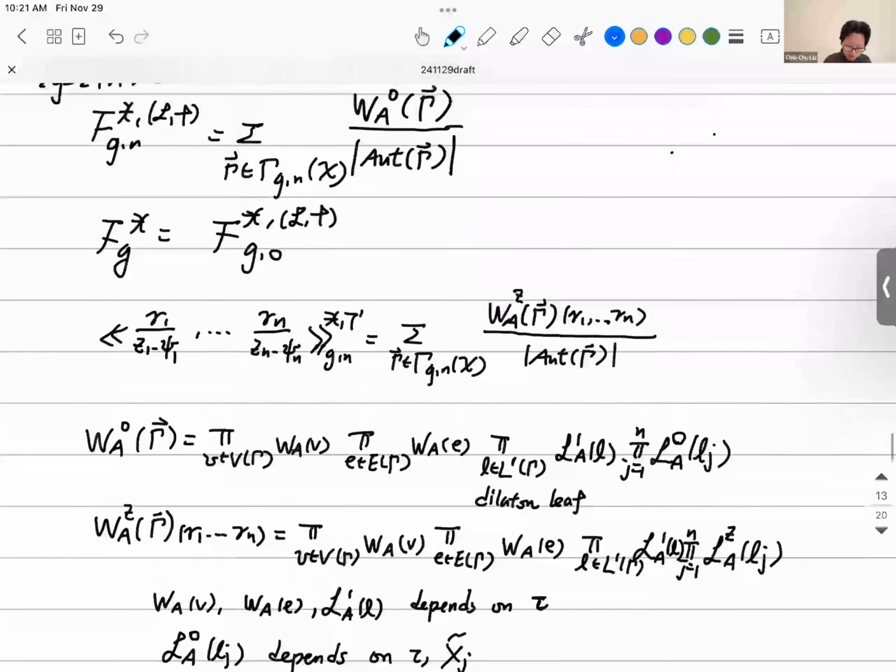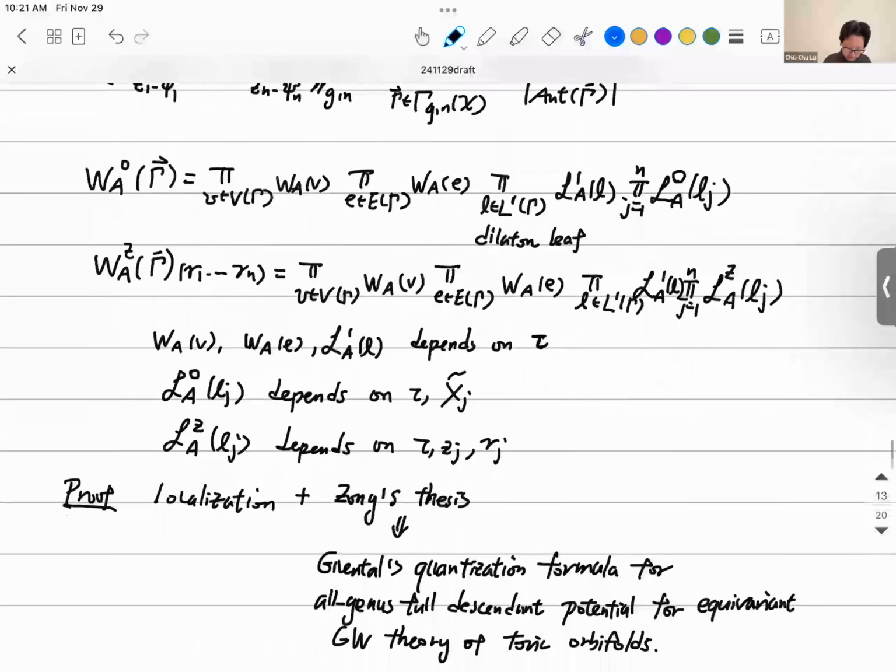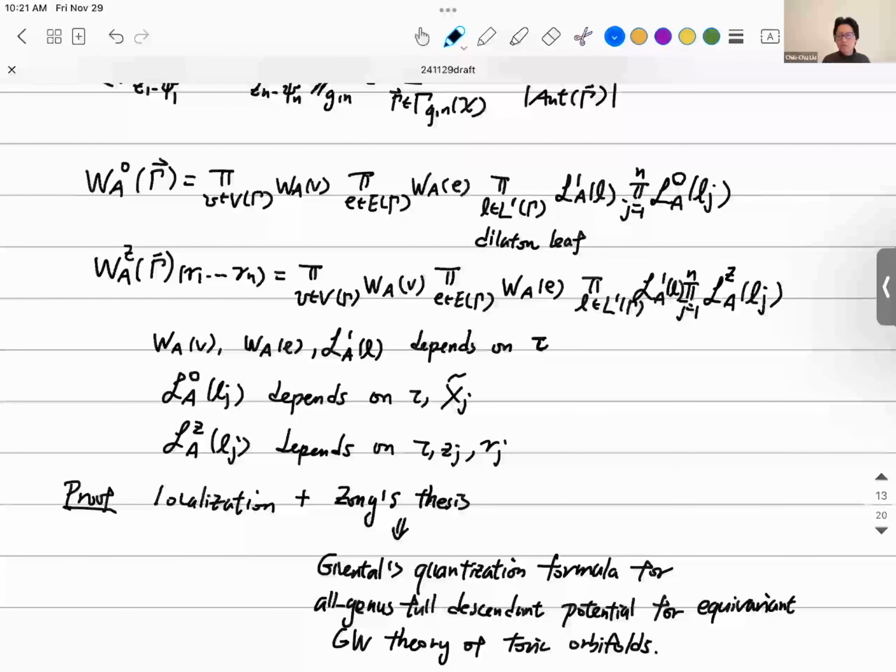To prove the formula, the proof is summarized as follows: we do localization, and also Givental has a formula for the all-genus full descendant potential for the equivariant Gromov-Witten theory of toric manifolds.